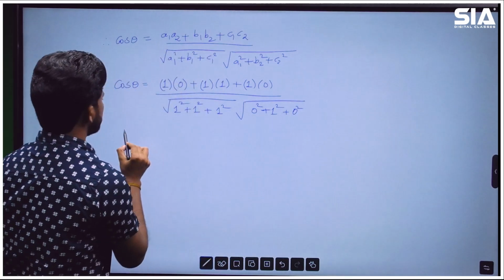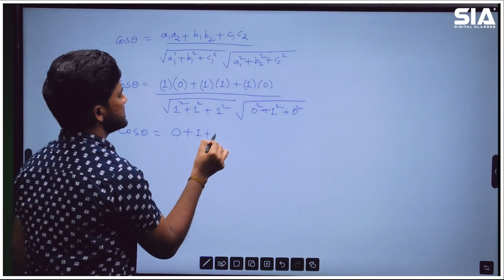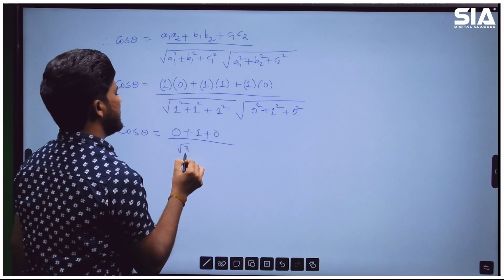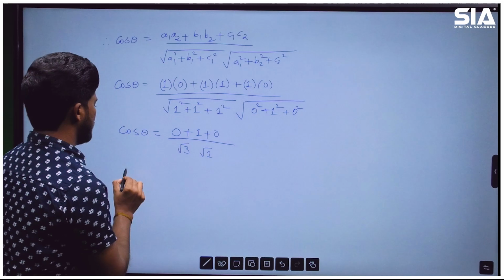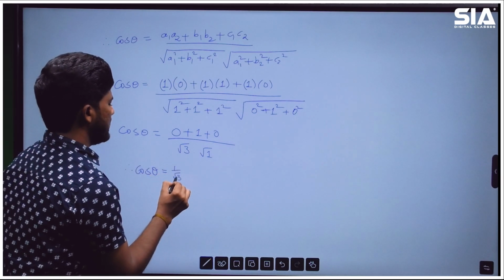Therefore cos theta = (0 + 1 + 0) / (root 3 into root 1). So finally we can write cos theta value is equal to 1 by root 3.